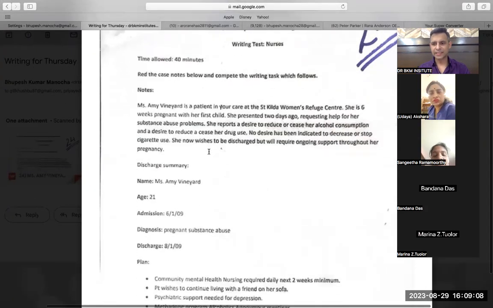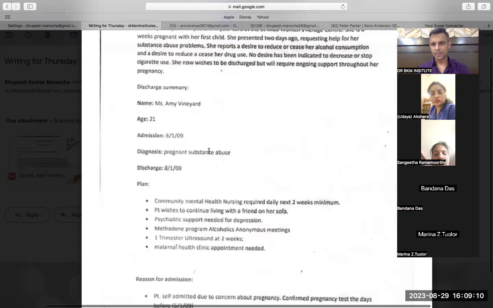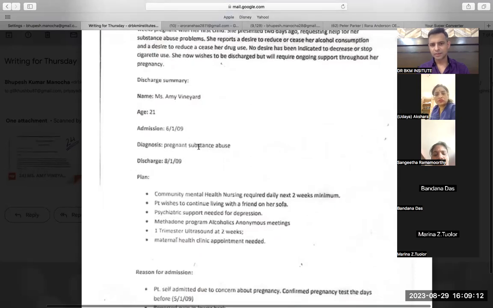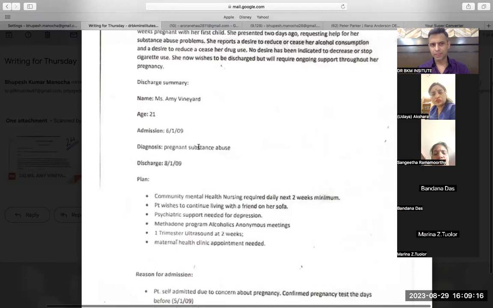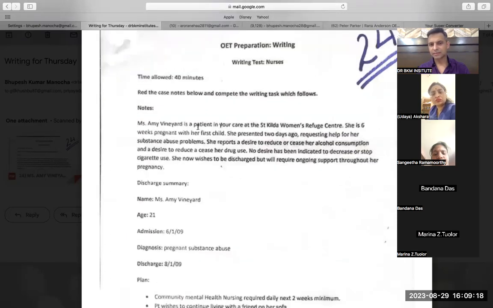So you will get the case notes of the patient, that the patient is pregnant and has a substance abuse problem. And it would be given that Mrs. Amy Vineyard is a patient in your care. She is 6 weeks pregnant with her first child. She presented 2 days ago requesting help for her substance abuse problem.